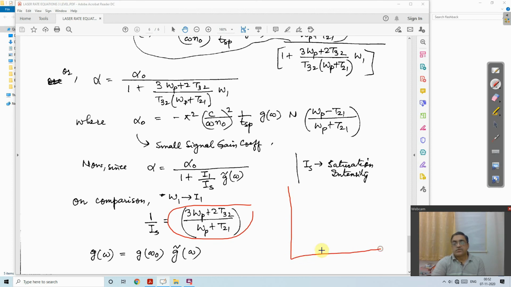As we have already seen, G tilde omega is like this. G omega naught is here, usually equal to 1. So this is the line shape function.